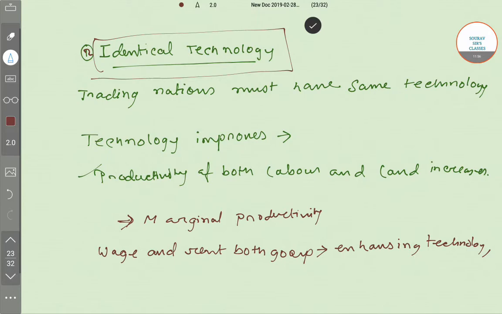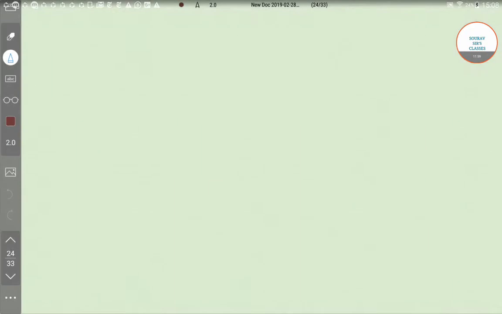Now the next assumption is talking about the equalization of prices of goods.